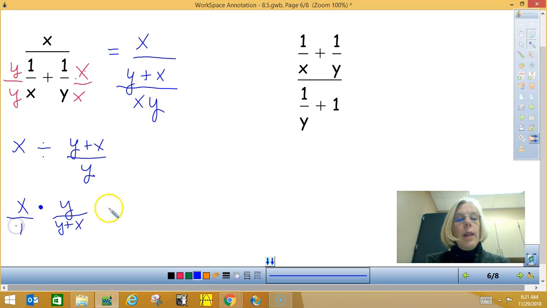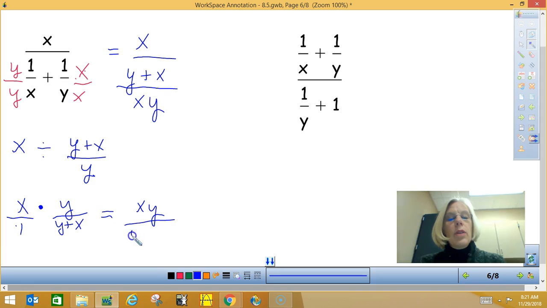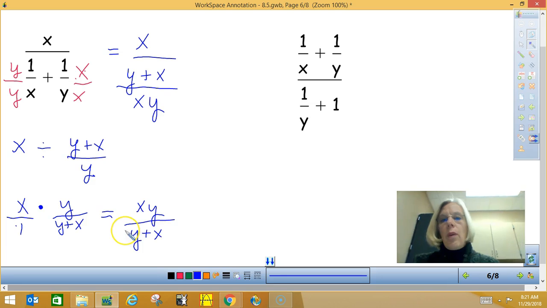Then it's clear that in the numerator we have x times y, and in the denominator we have 1 times y plus x, so that is simply y plus x. Again, there's nothing to cancel in the denominator. The y and x are attached by addition, so you cannot cancel. So now we have a single ratio. We do not have a fraction in the numerator, we do not have a fraction in the denominator, and that was our goal.